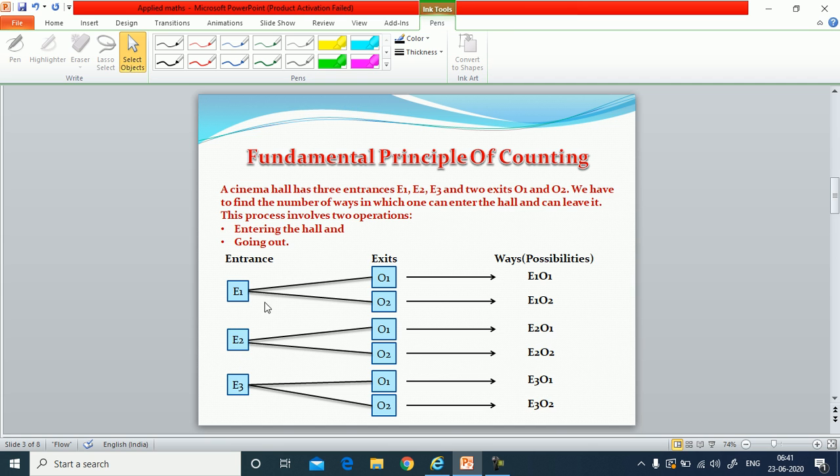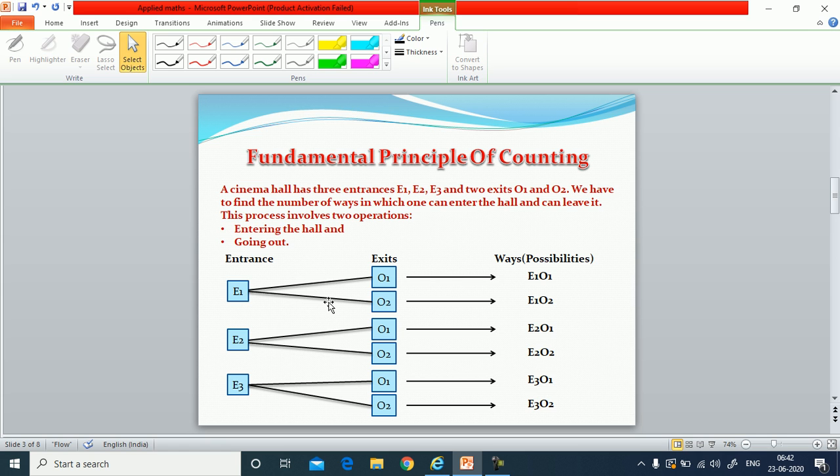So you can see through the diagram we can make out the total possible ways of entering the hall and simultaneously exiting it also. A person can enter the hall through E1 and subsequently can exit from O1. So one of the methods of entering and exiting the hall is E1 O1. But there can be another way also.